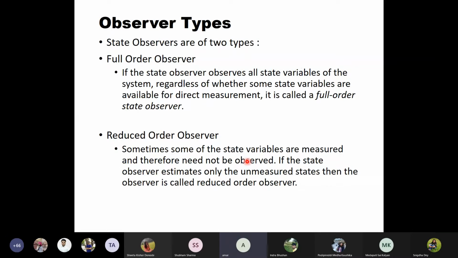So for this example, if I have three states which are not measured, I will use the measurement of two states, that is the y, and using that y, I will try to estimate the other three states. So sometimes some of the state variables are measured and therefore need not be observed. If the state observer estimates only the unmeasured states, then the observer is called the reduced order observer or the minimal order observer. Now let us start with the full order observer.